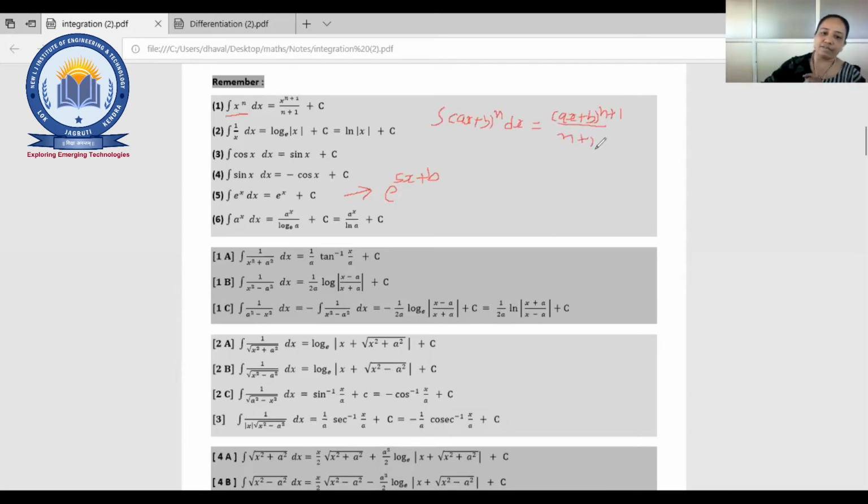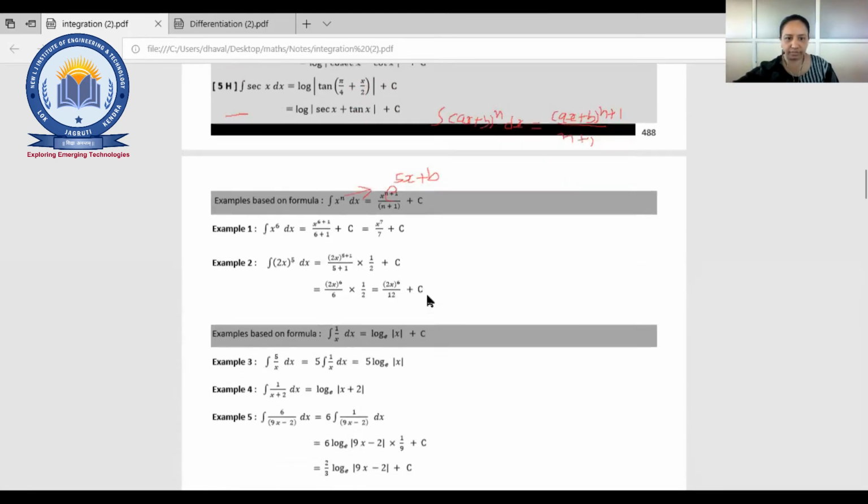In that way you need to solve. So these are the basic things. Now for inverse we'll see when we see the examples. First we'll see the examples of the basic ones, and then we'll move to the inverse ones, and at that time we'll see the formulas for inverse. So let's move to the examples.